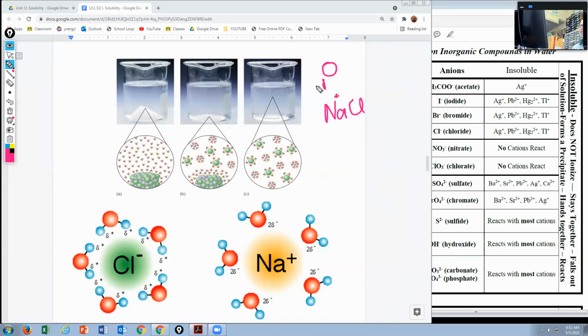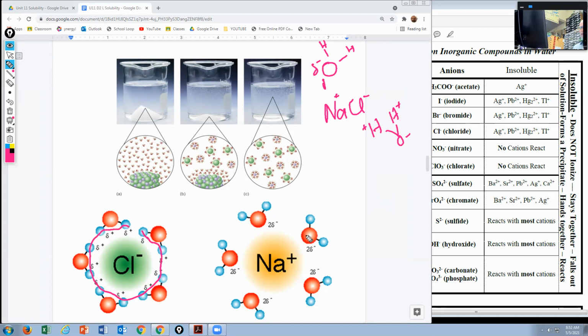Since the sodium is positive, the negative side of the water comes in and takes the sodium. And since the chloride is negative, the positive part of the water comes in and takes the chloride. And you can see that here. You can see that all these blue ones, all these positive hydrogens, are surrounding the chloride.